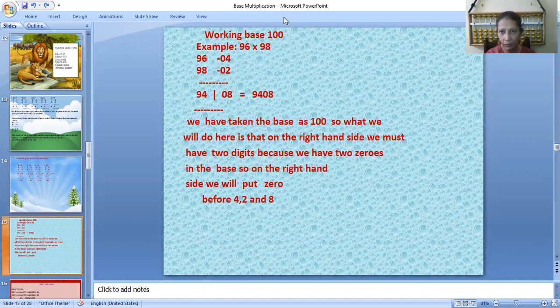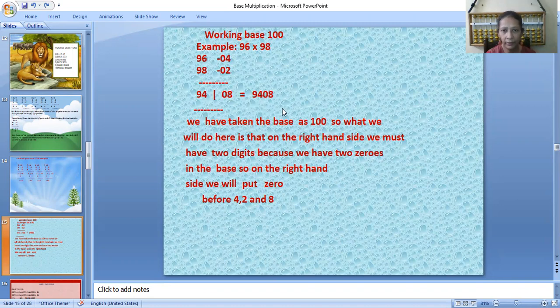Now let's see how you will do this. When you multiply minus 04 into minus 02, you will get plus 08. And if you do 96 minus 2, you will get 94. And if you do 98 minus 4, then also you will get 94. Now what we have done, you can read here, I have written the explanation.